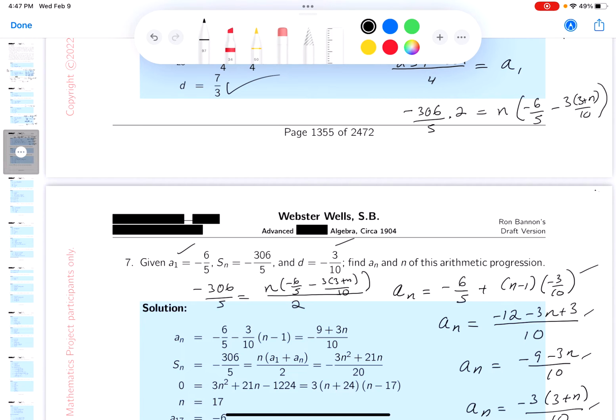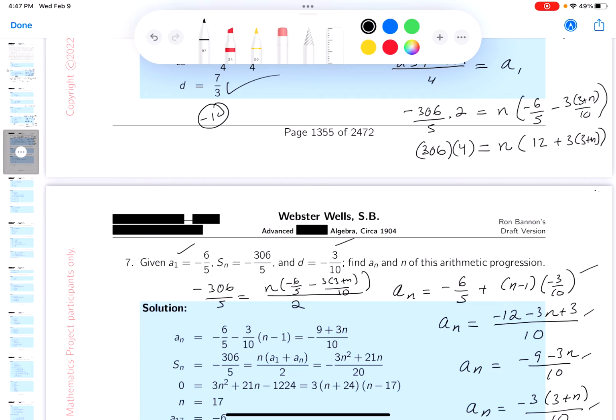And I'm going to multiply both sides by minus 10. Well, if I do that, I would get 306 times 4. Don't be alarmed yet. And this would be n, times minus 10 now. So you would get 12 plus 3 times (3 plus n).